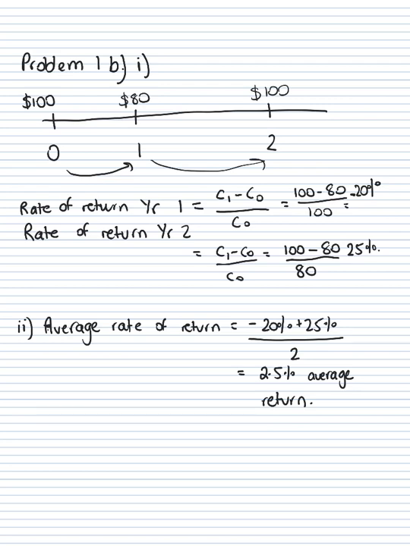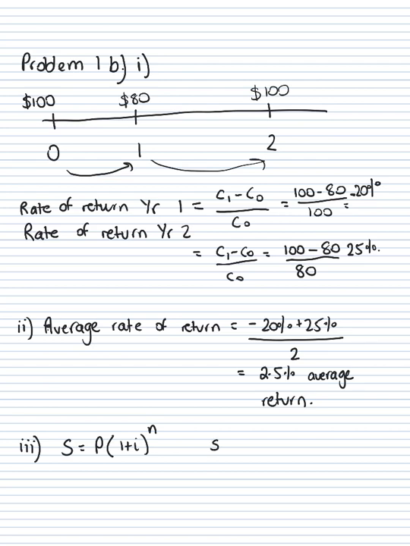Now in part 3, if we calculate the annual compound rate of return using the formula S equals P outside of 1 plus I to the n, we will see what we find, and hopefully we get an answer of 0, because if we start with $100 and we end with $100 over a 2-year period, then we'd want our rate of return to be 0% per annum.